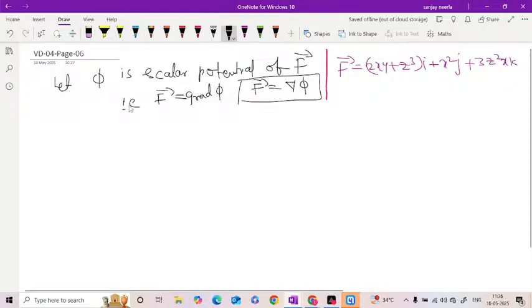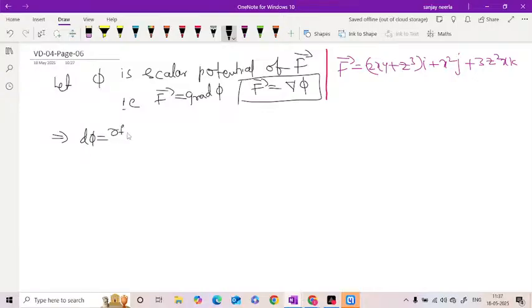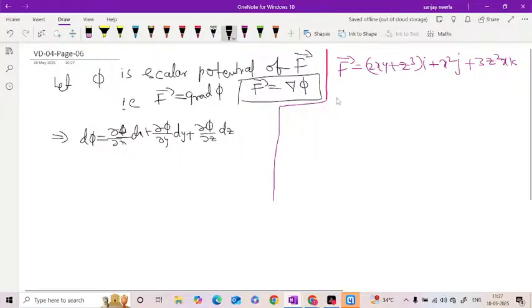Now according to the previous statement, if pi is the scalar potential, definitely d pi is equal to dou pi by dou x into dx plus dou pi by dou y dy plus dou pi by dou z into dz. But already we know that pi is the scalar potential, so f is equal to gradient of pi.